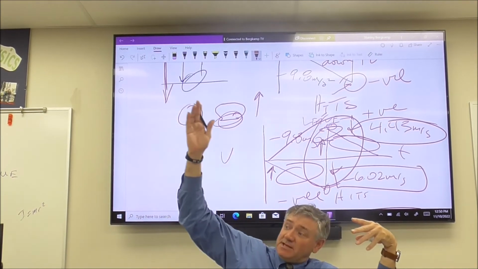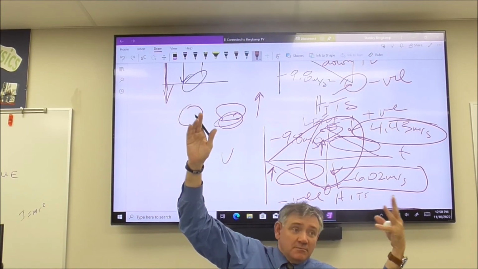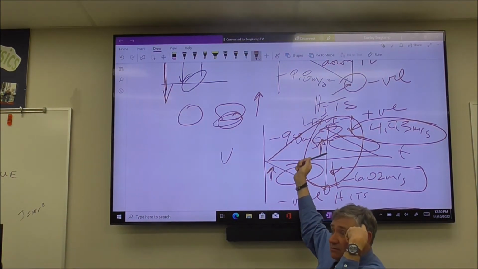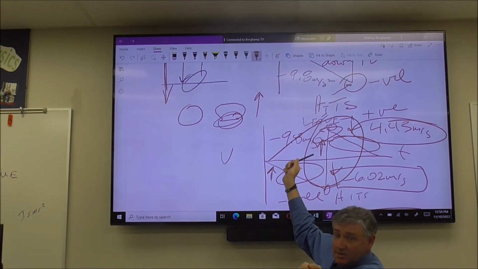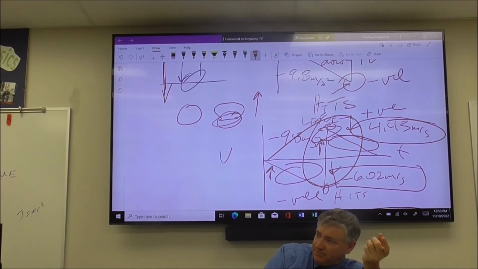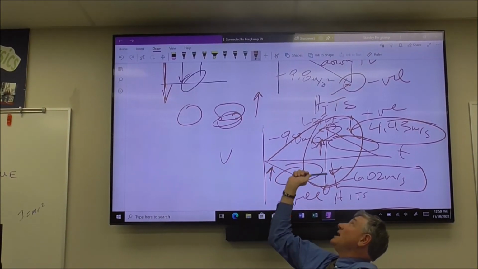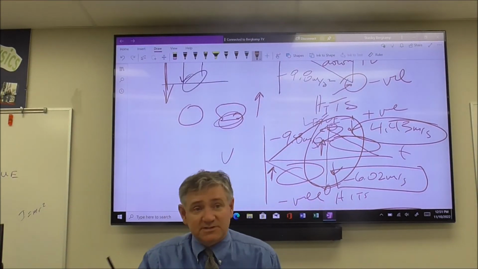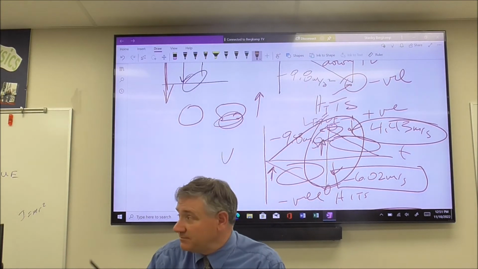Notice that that's a big positive number. So that positive acceleration is making it slow down when it comes in contact with the ground, and then that same acceleration is making it speed up. Notice that this is positive the entire time. So that positive acceleration is doing two things.